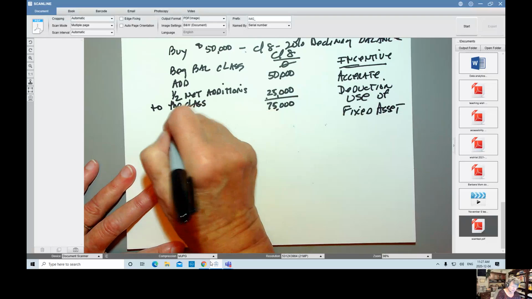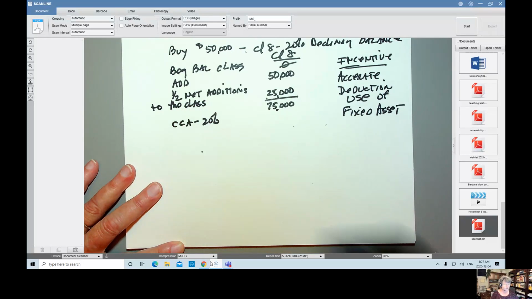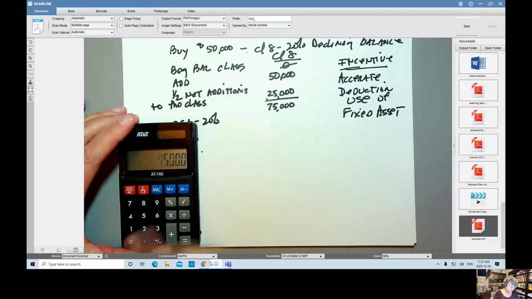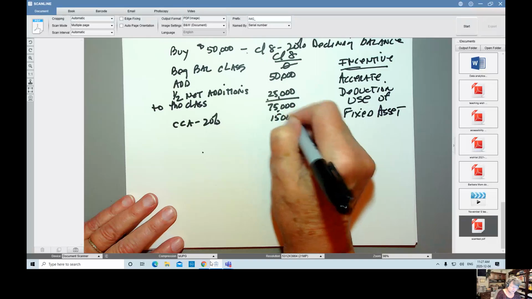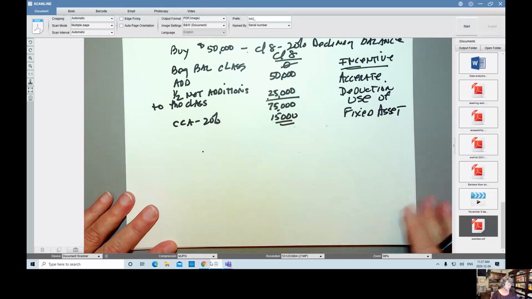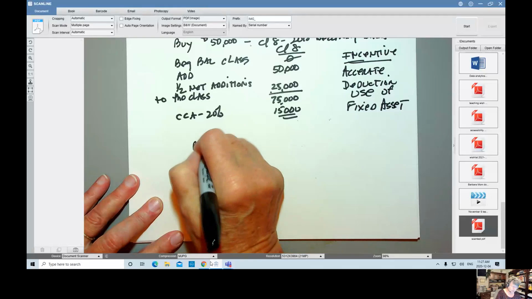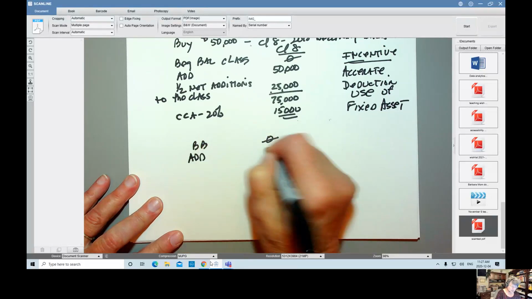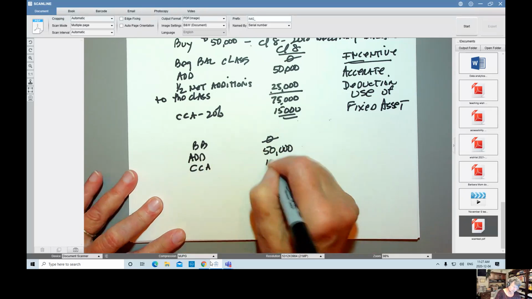And then we take CCA of 20% on that 75,000. So I have to do the math here. So that's 15,000 CCA. All right. So then your ending balance in your class would be your beginning balance of 0, your additions of 50, minus the first year CCA of 15.